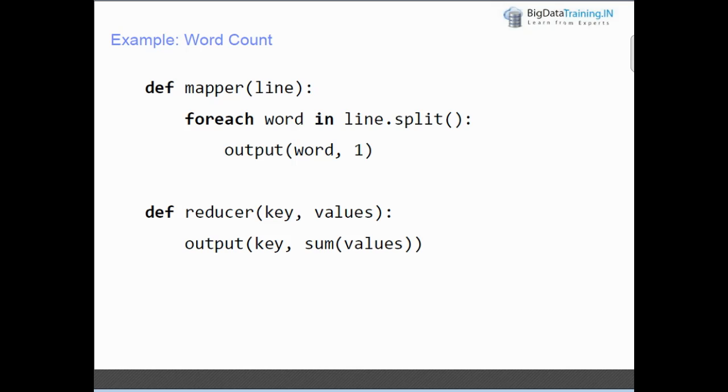That is what your mapper function is. The logic is to tokenize and then add a 1 to each key value pair, so whatever word I encounter, that word comma 1 would be used.